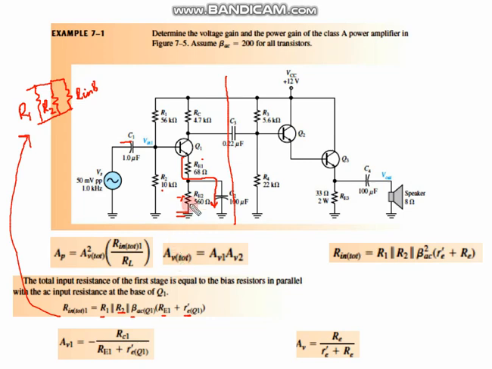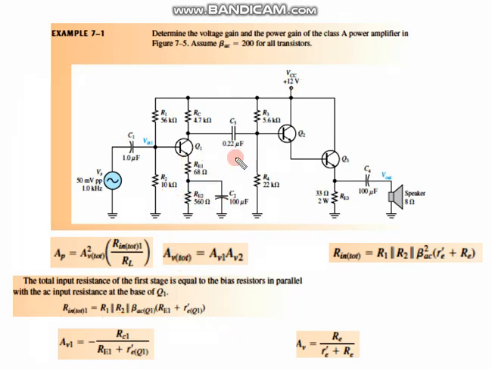So how can I find the small RE prime? By definition, RE prime is equal to 25 millivolts divided by IE. So basically, how can I find IE?